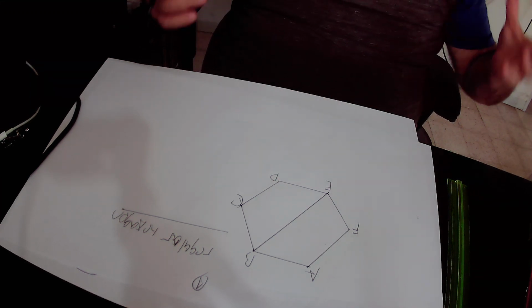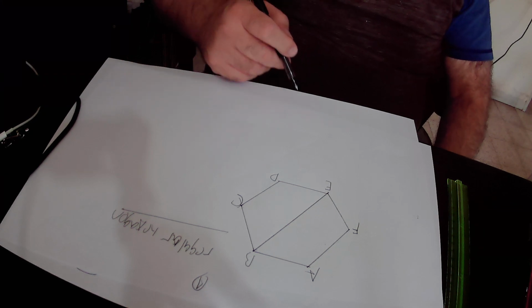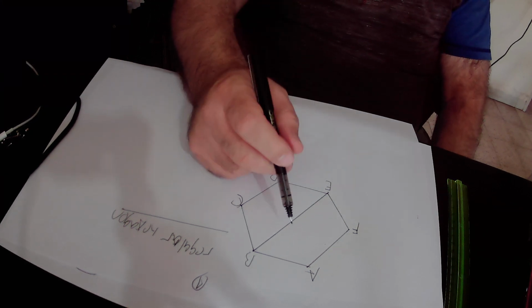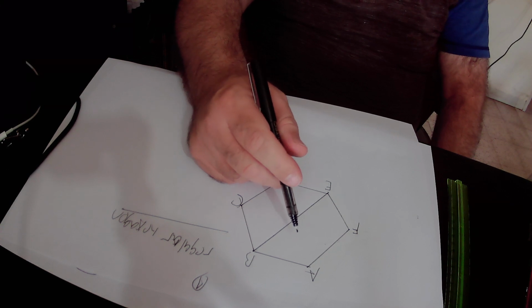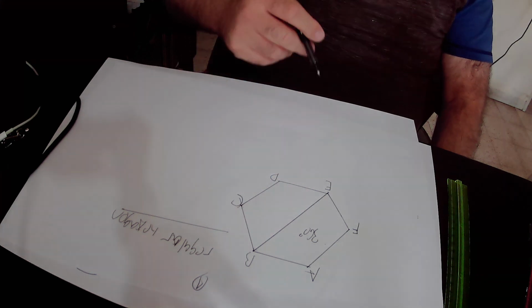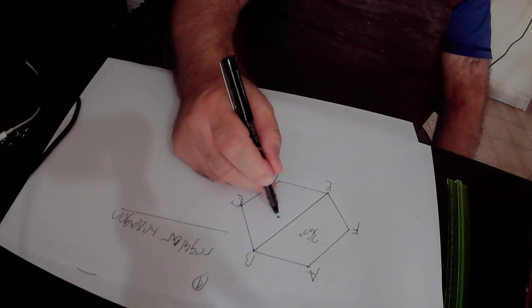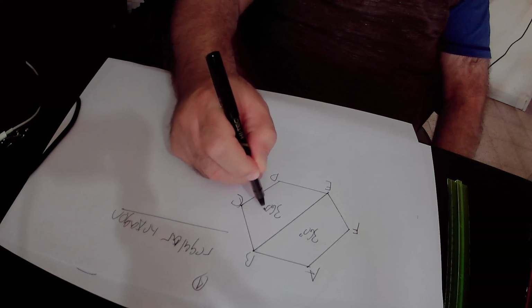We know that the sum of the angles in any quadrilateral is equal to 360 degrees, therefore the sum of the angles of quadrilateral ABEF is 360 degrees. And the sum of the angles of quadrilateral BCDE is also 360 degrees.